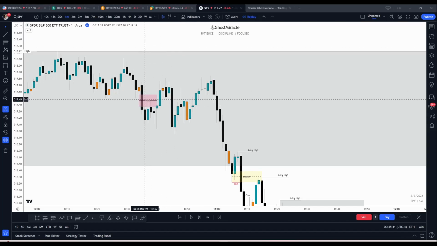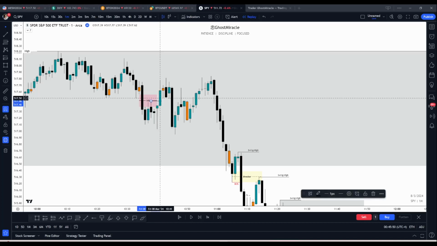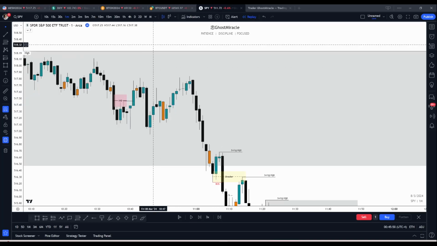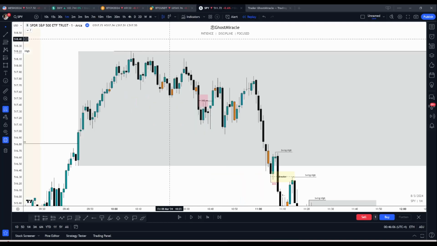Like this high was broken. It felt imbalanced almost to the 50%, which most people would look for. So it felt this imbalance here, 50%, which is what most people look for, right? However, it still was broken because it technically didn't mitigate anything.